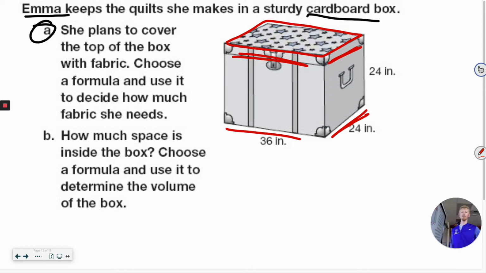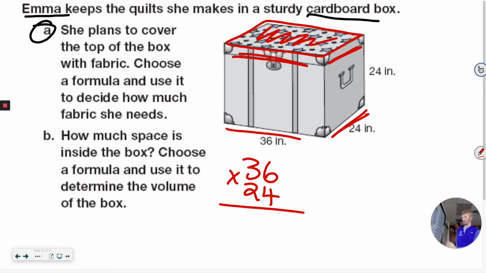So to find my area of this top section here, I'm going to multiply those two. 36 times 24. 4 times 6 is 24. 4 times 3 is 12, plus 2 is 14. And then I move on to the 2. I add my 0. 2 times 6 is 12. 2 times 3 is 6, plus 1 is 7.